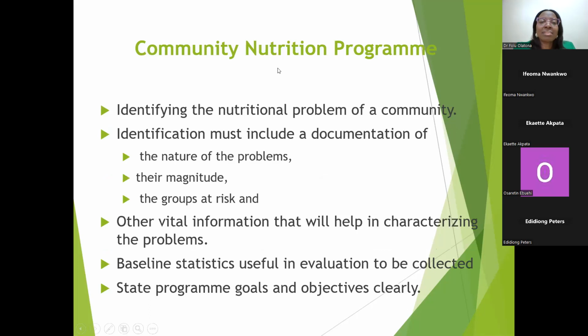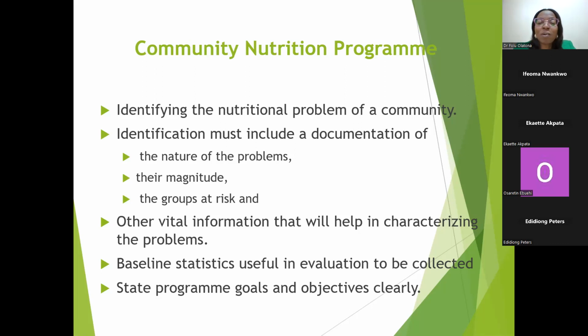So looking at the various things that are done, I've mentioned the first one, identify the nutritional problem. But let me say a few things about that first leg of the steps. It's just one line, but it might involve research.